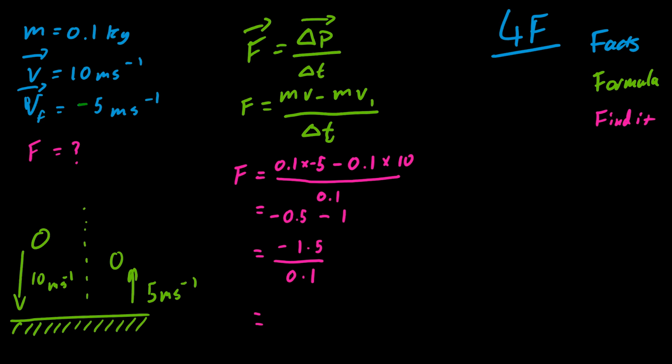Let that be divided, and we've got force, and this is our fix it section, so I should probably do it in a separate colour. Force is equal to, in this case, negative 15 newtons.